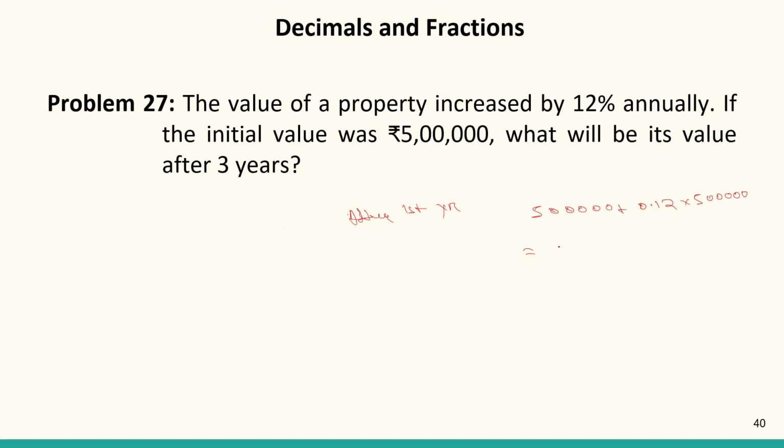So it will be 5,60,000. And after the second year, its base value will be 5,60,000, and then it will be 5,60,000 plus 12% of 5,60,000. Okay, so let's see what it will become.